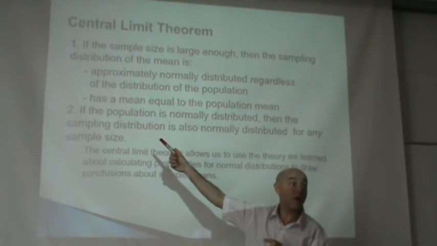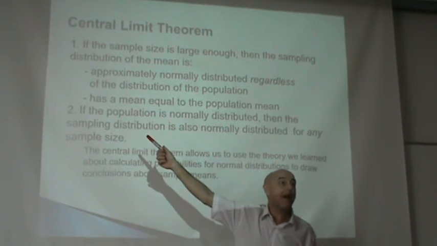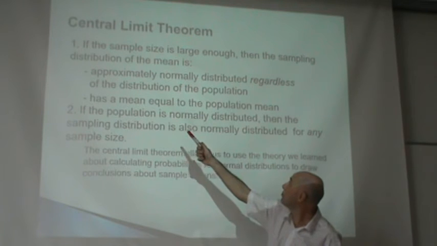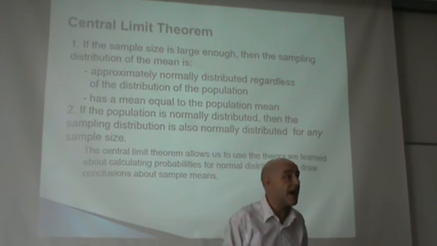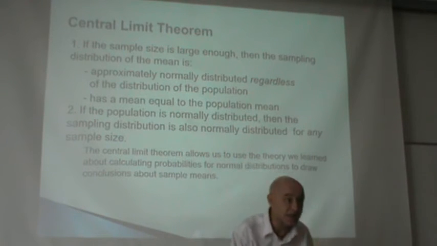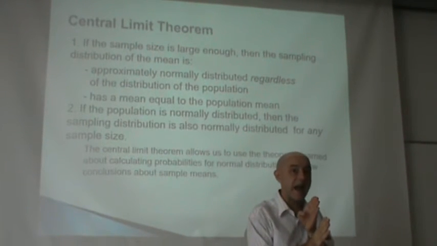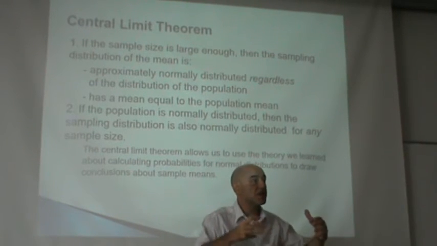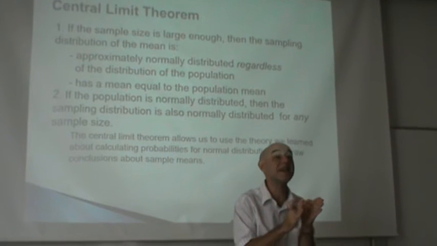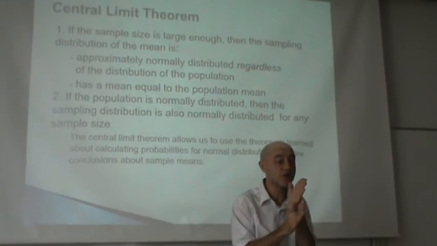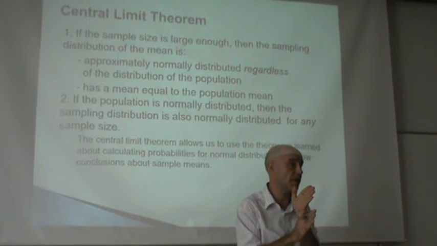And the second one is also a very good conclusion. The sample mean will be equal to the population mean. In other words, the sample mean is precise, is exact. As you increase the sample size, the sample mean will get closer and closer to the true mean of the whole population.